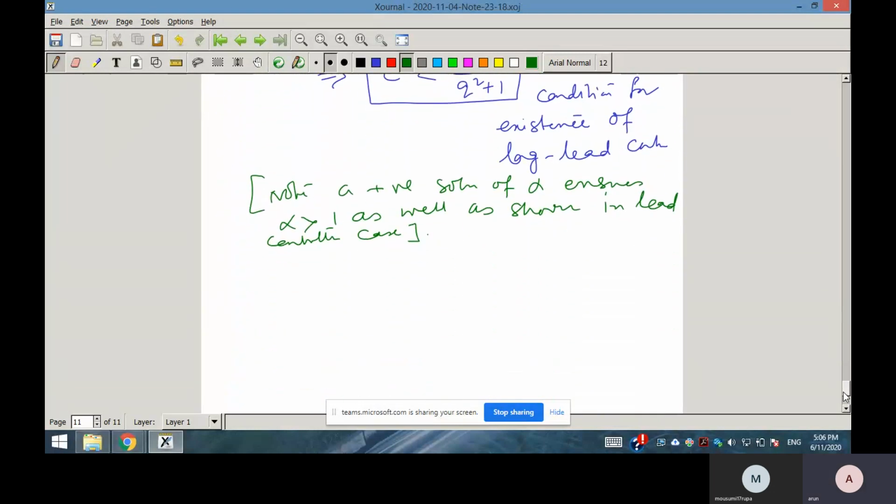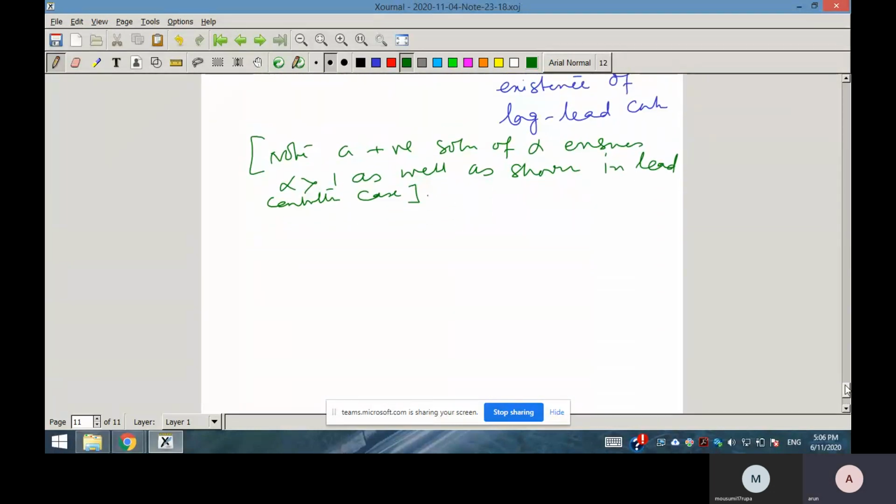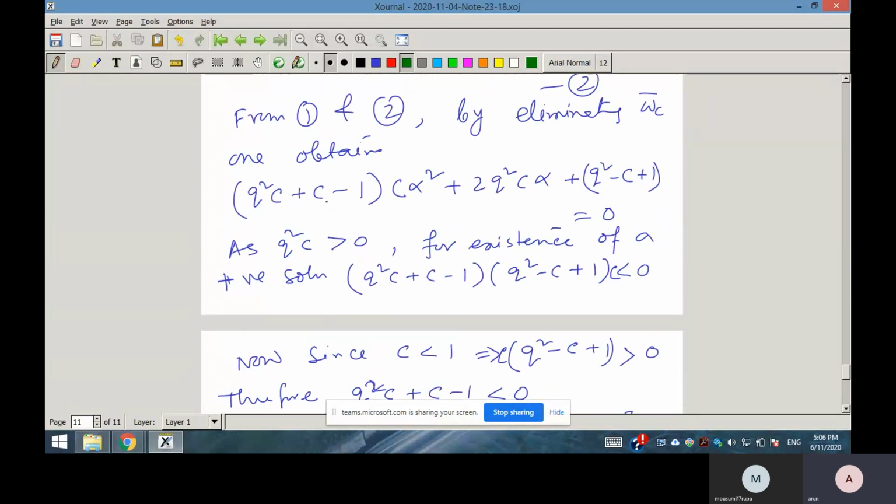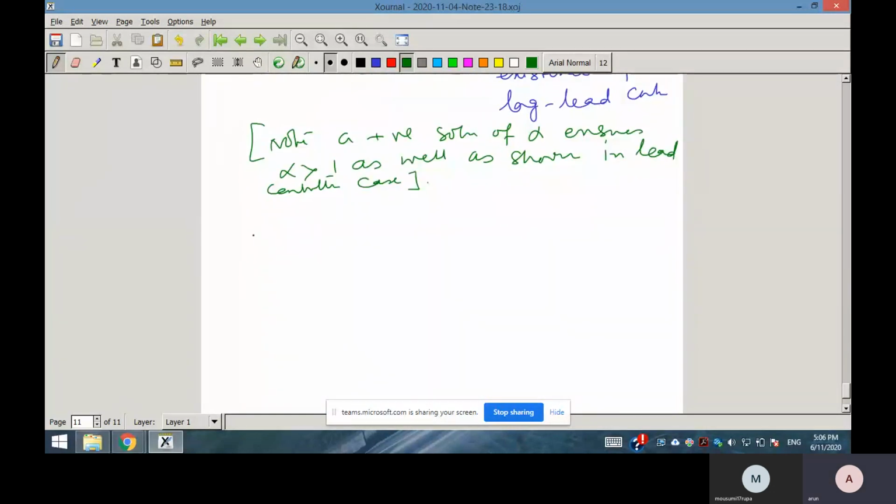Okay, so now suppose you have got the alpha solution from this one, then what will be your a? So once alpha is obtained, then what will a be?